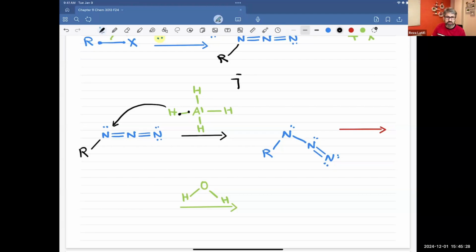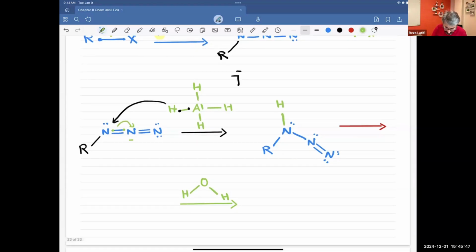If we give hydride to that nitrogen, we will have hydrogen attached to nitrogen. Now, what will happen with these 2 electrons? Those 2 electrons will move to this nitrogen. We used to have a positive charge there, and now we have a lone pair on this nitrogen. So from positive, we turn it to nitrogen with a lone pair.